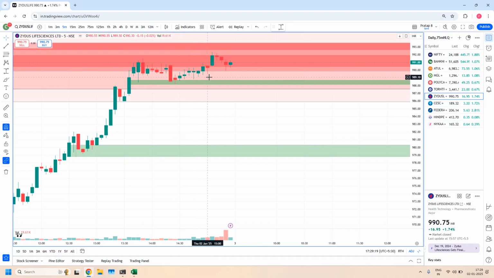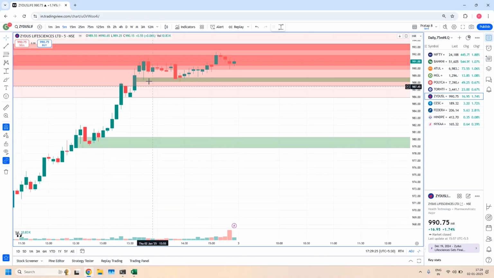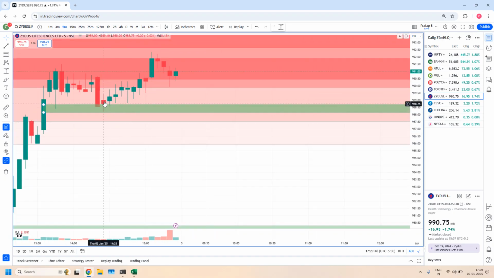If any of you are taking a cash trade in this zone, you can't hold. First of all, I am sure you won't dare to take a cash trade this late, in the last 1.5 hours of the closing session. But futures traders maybe, because you have an option to hold till the last minute. For them this is the right place to exit.